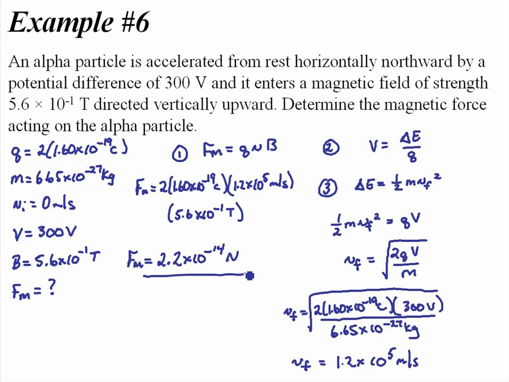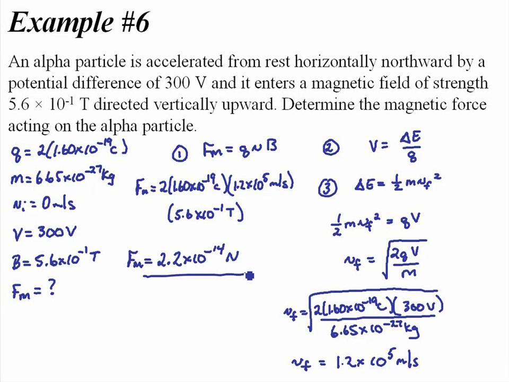Now all we have to do is work out the direction. So before I go and do that and walk away from this slide here, once you're given a potential difference, we can use that to figure out the velocity. Once we have the velocity, we can figure out the force.